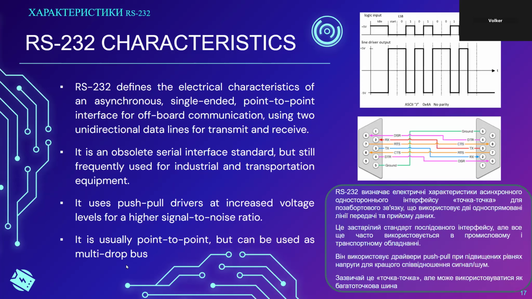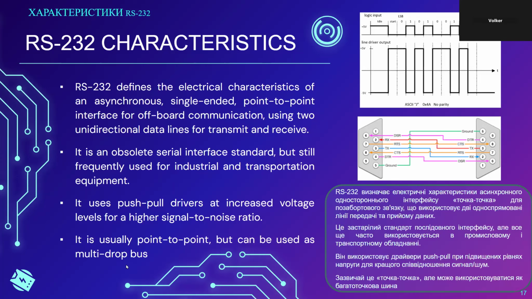The original definition for RS-232 has a voltage swing from minus 15 volts to plus 15 volts. This is not often done anymore, but it is definitely defined that one bit state is a negative voltage, and that is a 1.